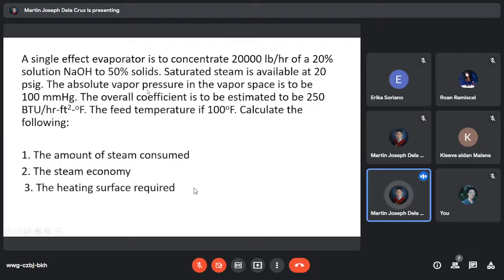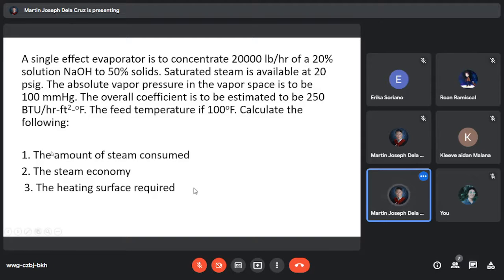So the absolute vapor pressure in the vapor space is to be 100 mmHg. So it's absolute na siya. So walang problema diyan guys. Yung 20 psig na ang meron. So the overall coefficient is to be estimated to be 250 BTU per hour per feet squared per degrees Fahrenheit. The feed temperature is 100 degrees Fahrenheit.